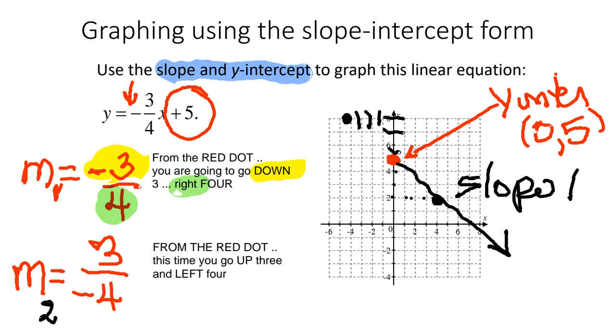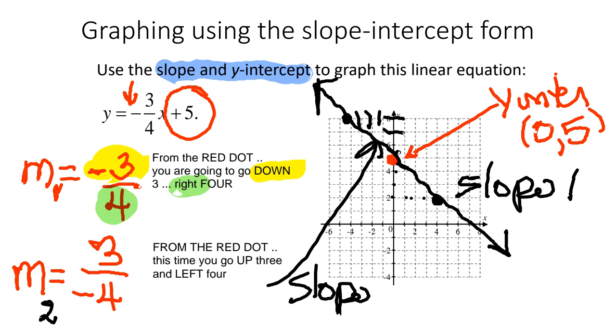This is our second slope. One is taking you down, one is taking you up. And if you take this point and this point, you can determine whether you have it correctly.